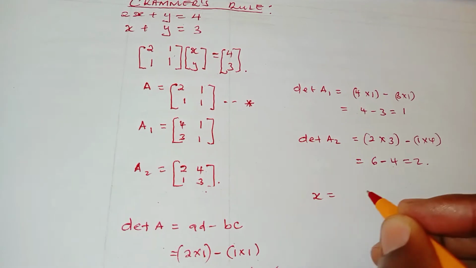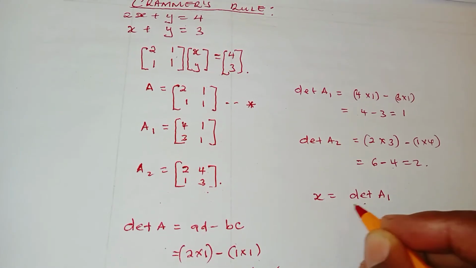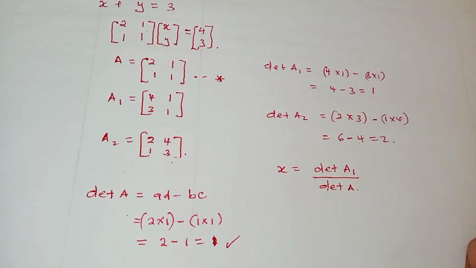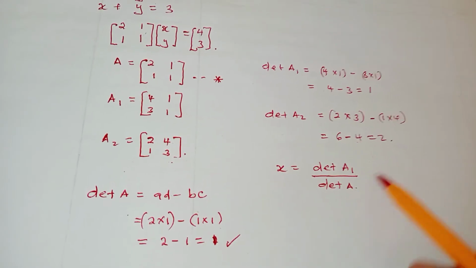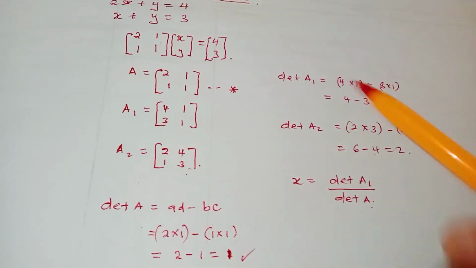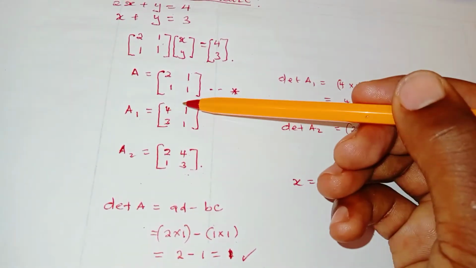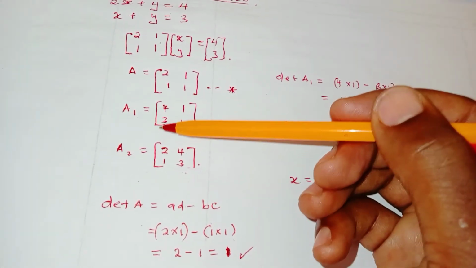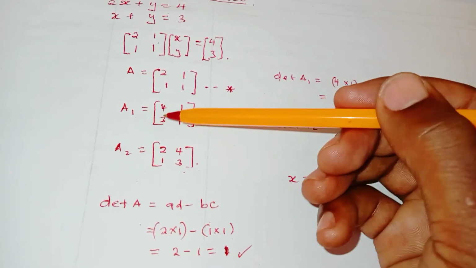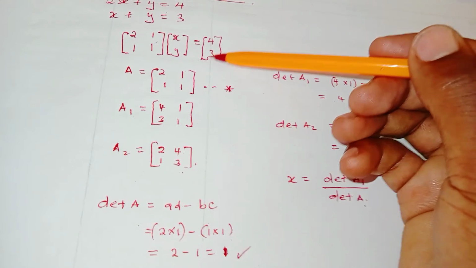So x is equal to determinant of A sub 1 over determinant of A. The reason is that to get A sub 1, we removed the first column, which represents x, and replaced it with the two numbers on the right hand side of the equation.